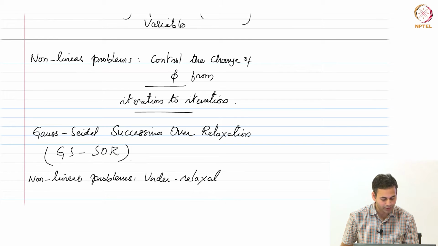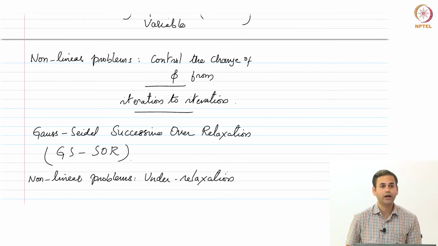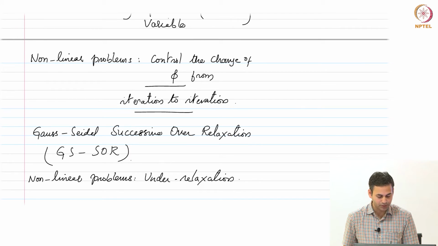That means you do not want the computed change to be completely added, you want to restrict that change. That is where under relaxation comes into play. So, for nonlinear problems, this is what is more useful. For other problems, you can go for over relaxation to get convergence quickly.